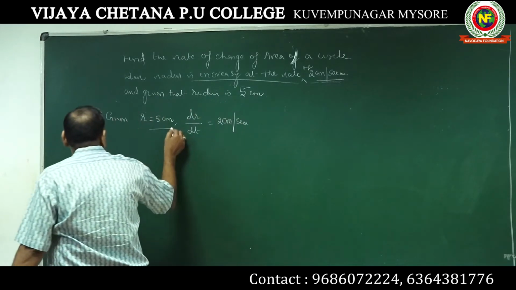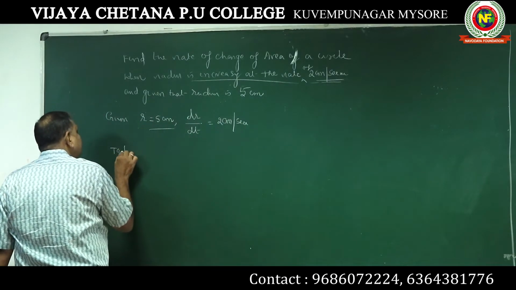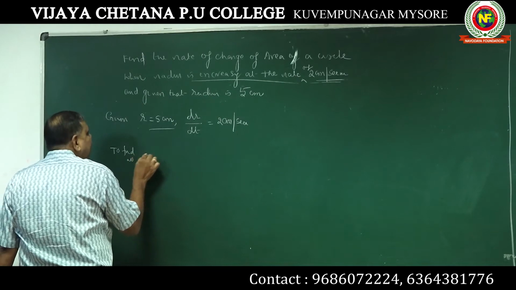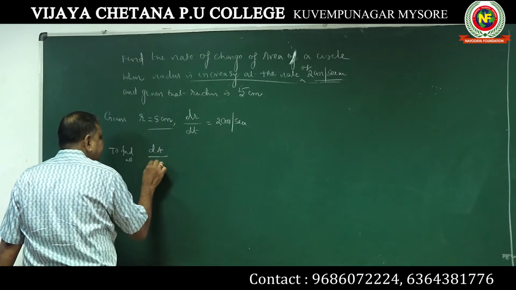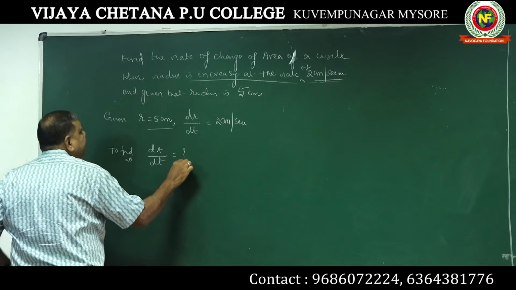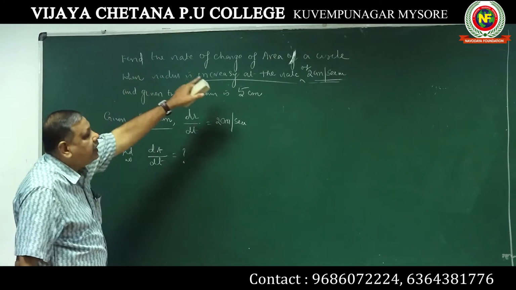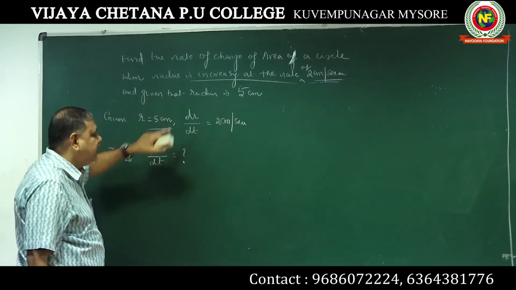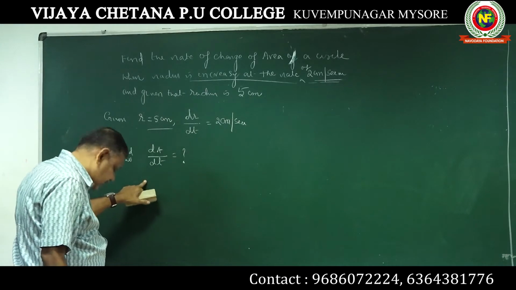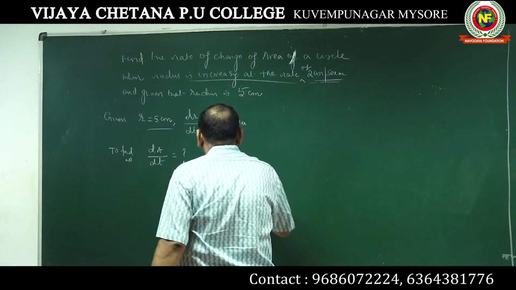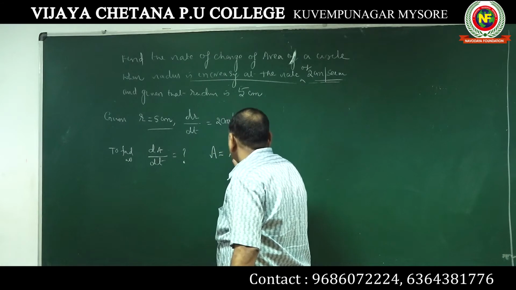Write down given. And what to find out? To find out is dA by dt. He is asking rate of change of area of a circle, that is dA by dt. So area is equal to, you know the formula, area of a circle.